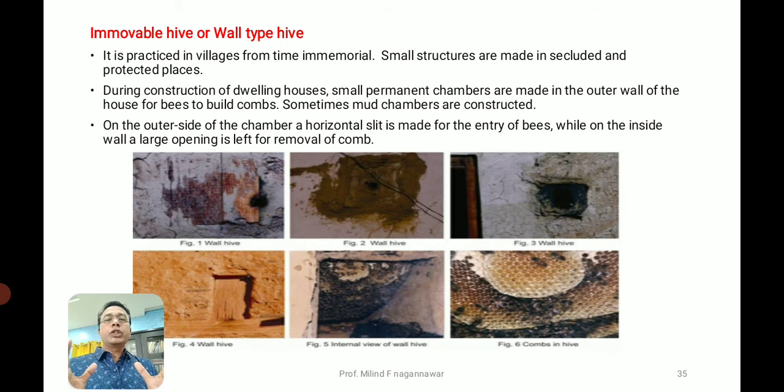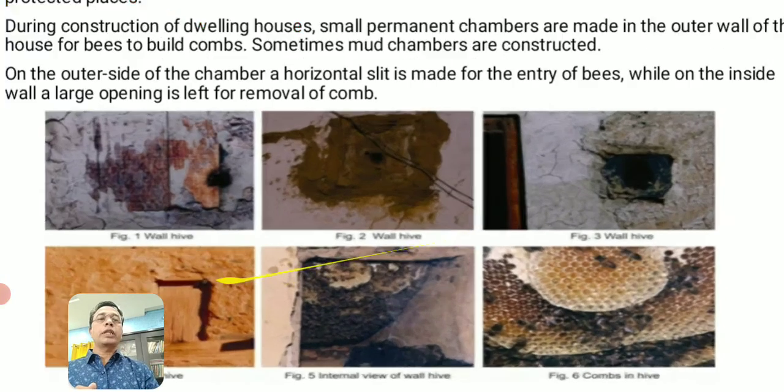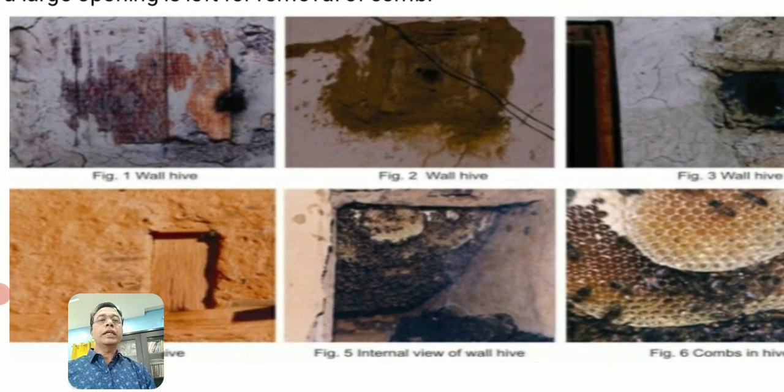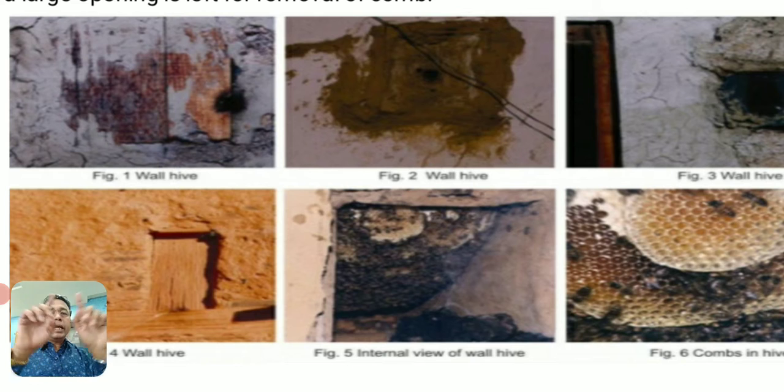Now, what do they do in the wall type of hive? During the construction of houses, they make a small permanent chamber in the wall.